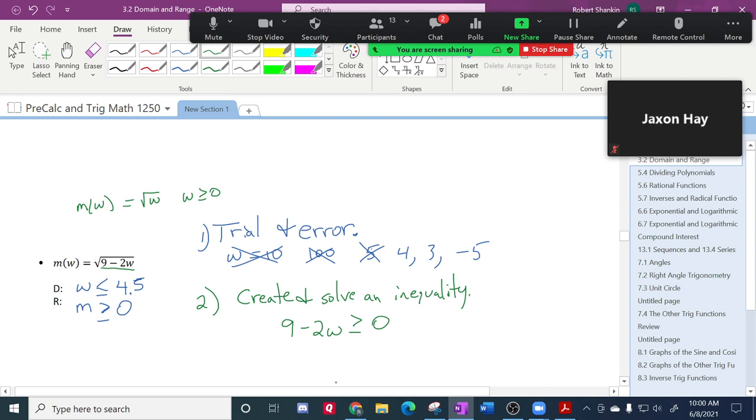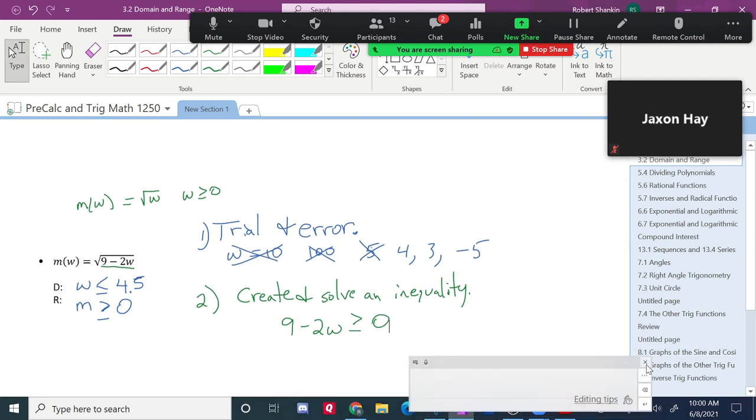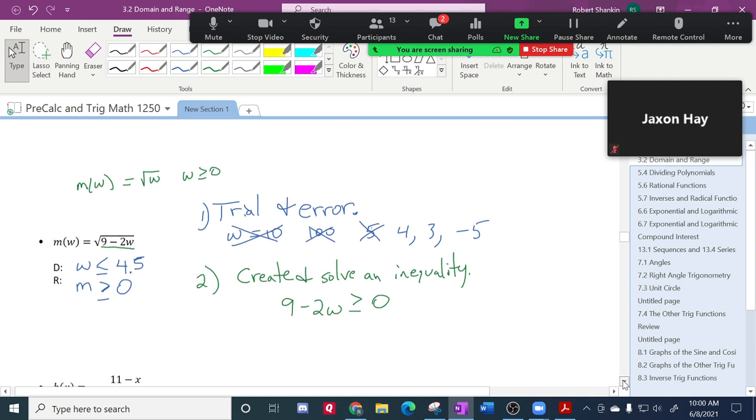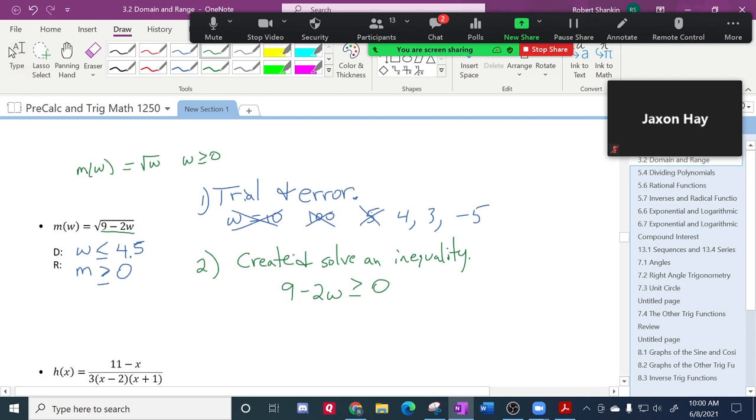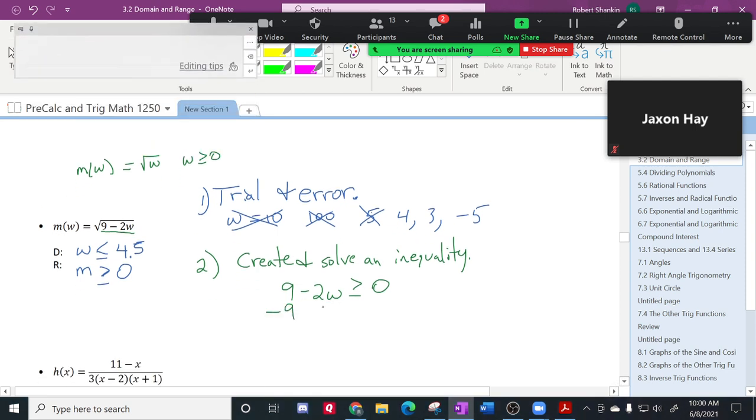And then I'm going to solve this. I'm going to subtract 9, divide by -2.